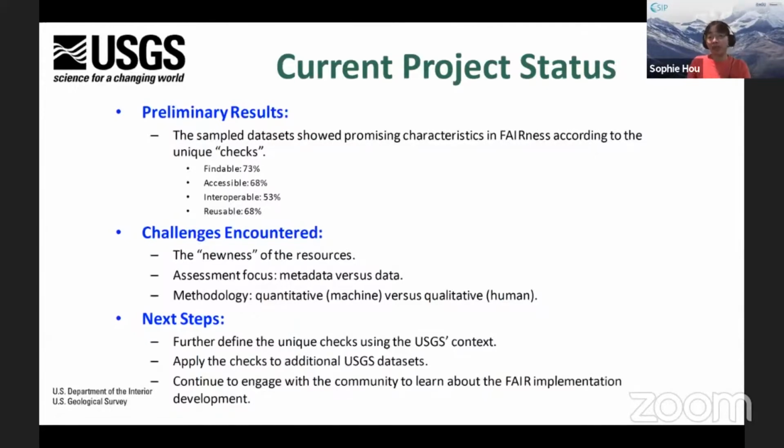We decided to do data first, but we definitely need to go back and look at metadata. And finally, the methodology. We know that FAIR principles have been talked about as being more machine focused. But in our case, we started with qualitative information so we can understand the quality information from the human standpoint.